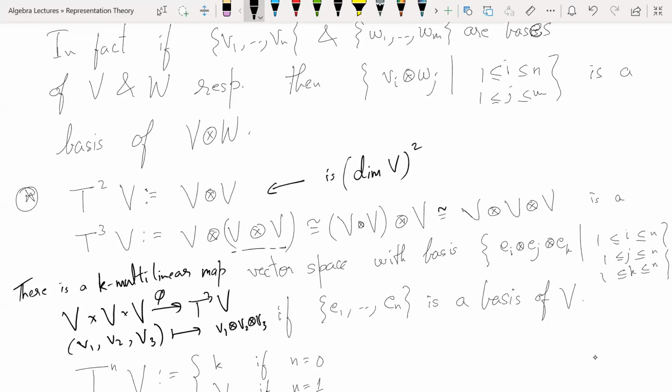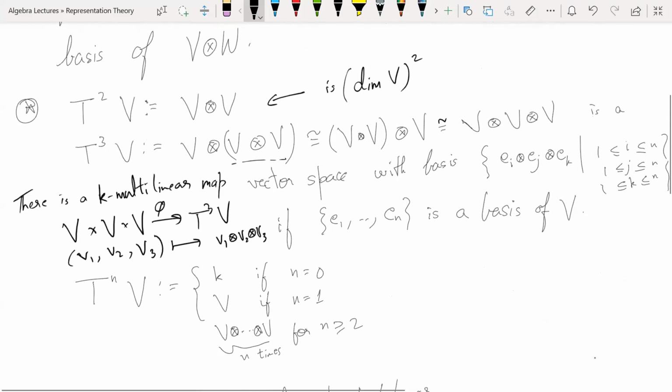So for instance, the sizes in some sense are different. If K was a finite field, then of course the left hand side is a much smaller set than the right hand side. If the field is infinite, then the cardinality matches, but as vector spaces, the dimensions don't match.